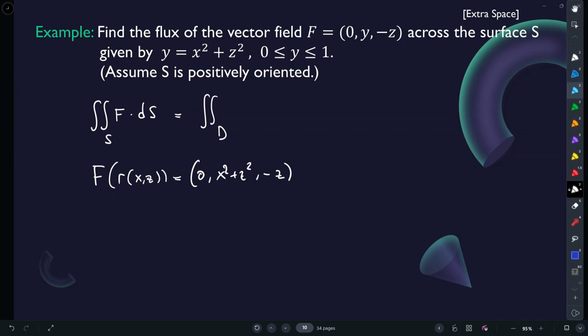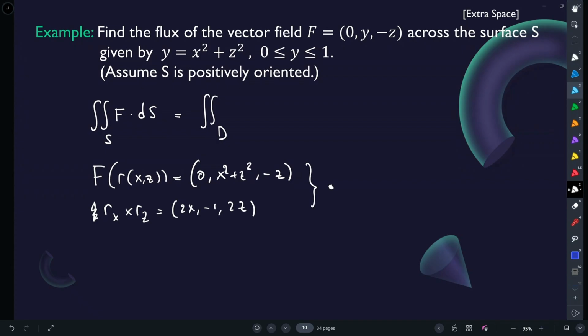And the dot product: the cross product of rx and rz was 2x, minus 1, 2z. So I'm doing the dot product of the two.